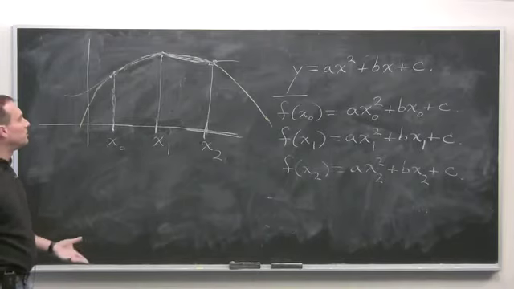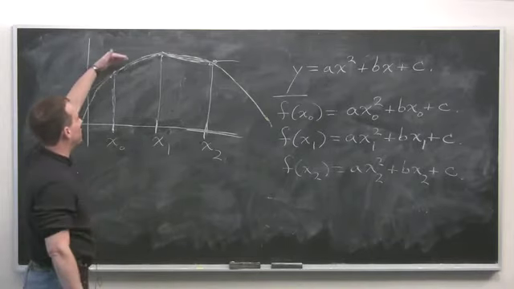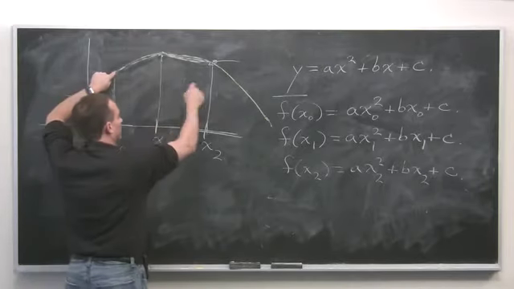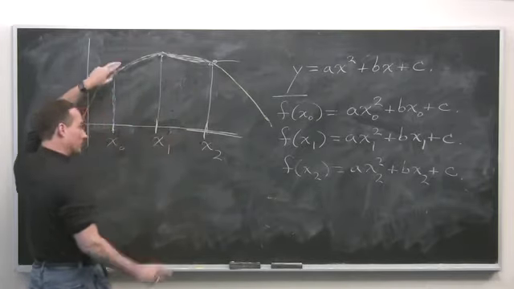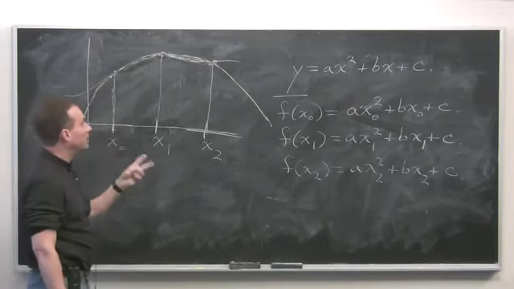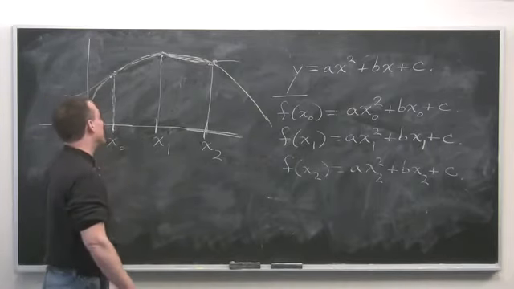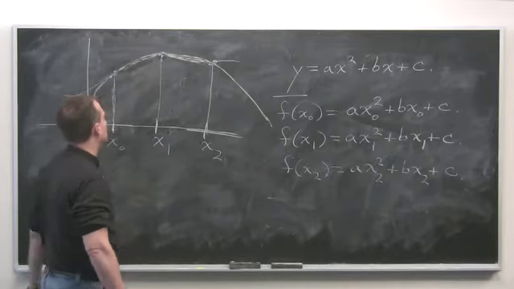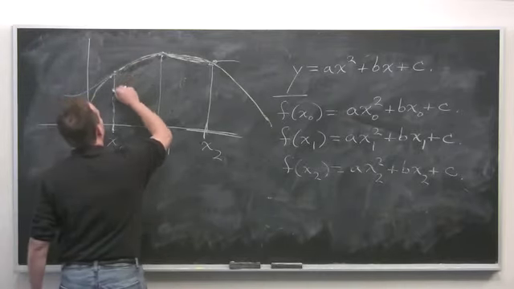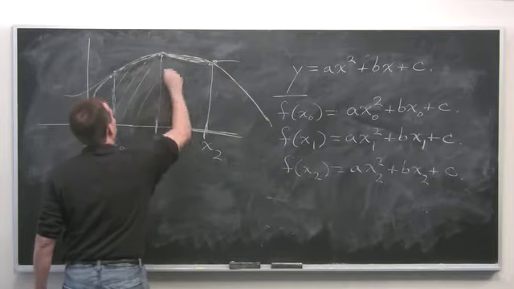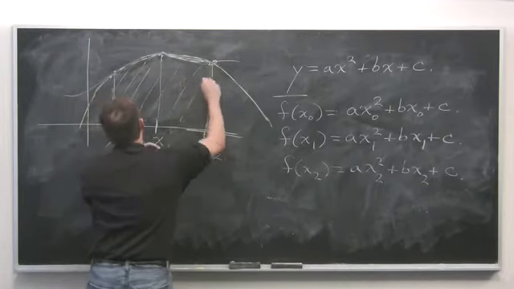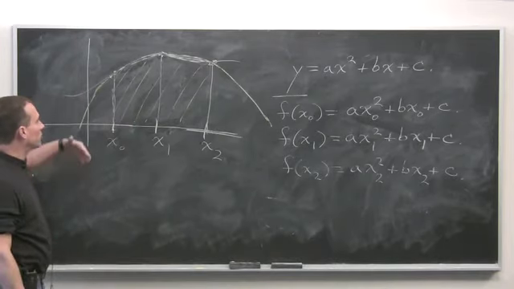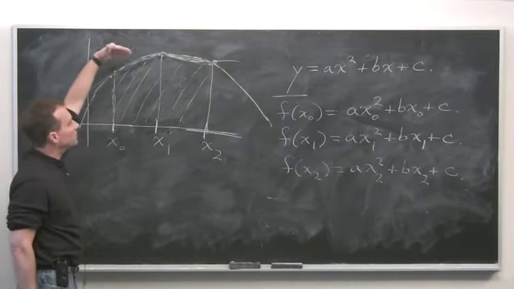So there's this unique parabola that goes through those 3 points. So then what does Simpson's Rule do? Instead of approximating the curve with a pair of straight lines, it approximates the curve over these 2 subintervals. So it takes 2 subintervals at a time, which is why we need an even number of subintervals in Simpson's Rule. It finds this parabola, and then you integrate. So you find the area under that parabola. Why do we expect this to be more accurate than the trapezoidal rule or the midpoint Riemann sums?